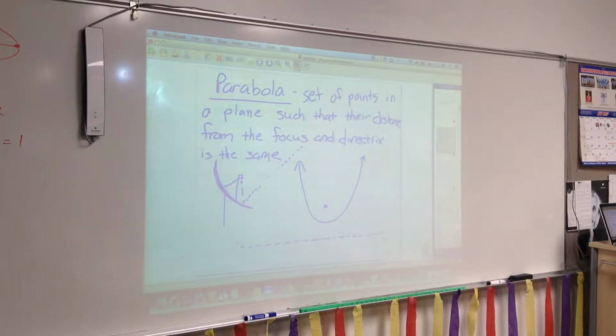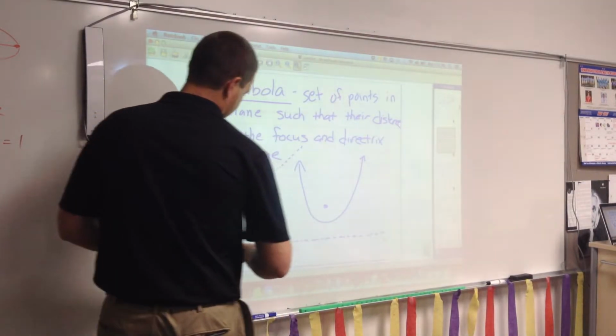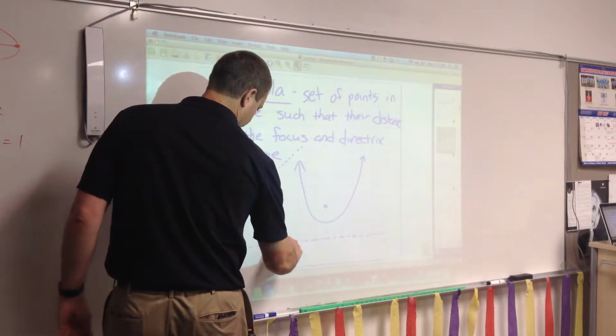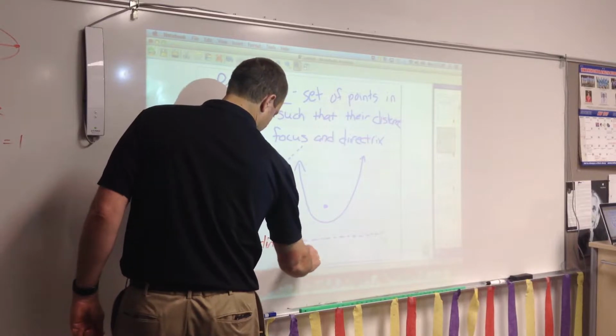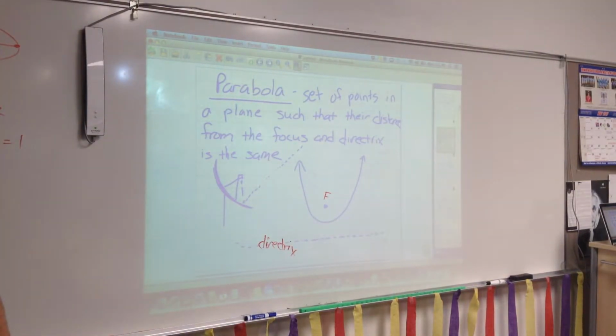So by definition, a parabola is the set of all points in a plane such that the distance from the focus to the directrix is the same. This line down here is our directrix, and this coordinate within the parabola is our focus.